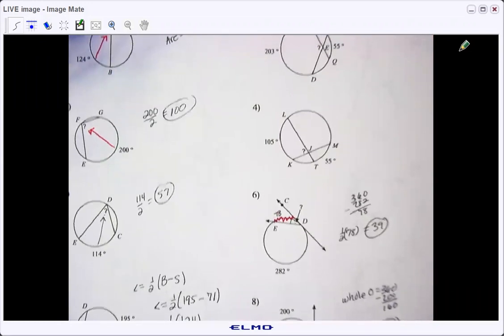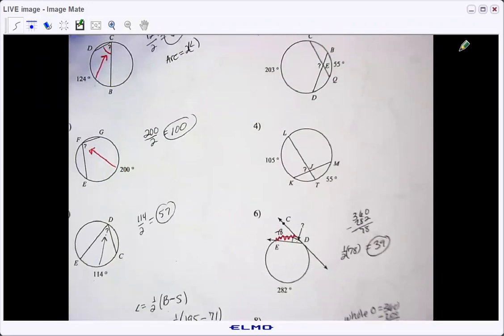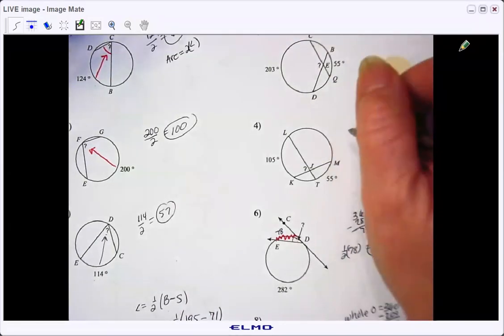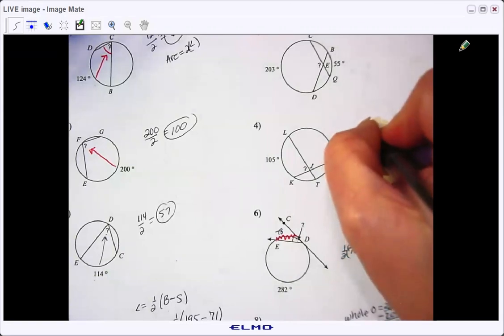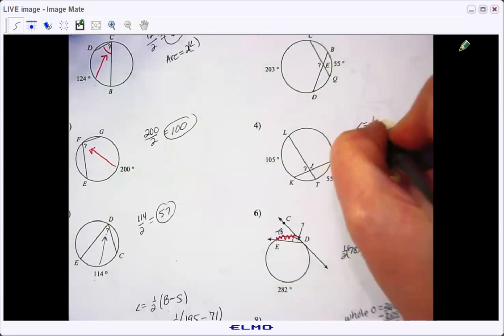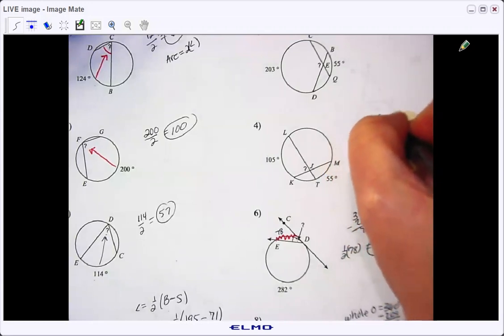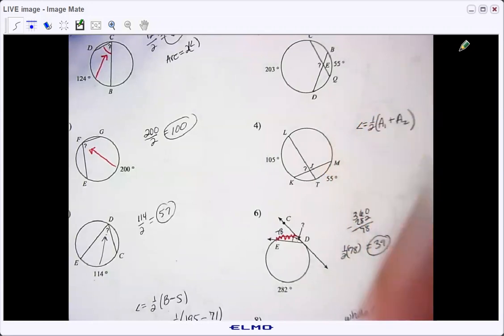Okay. Now number 4 and number 2, we have our different scenario of 2 chords. If you remember, the 2 chords is where we add the 2 arcs together and divide by 2. So this one, our angle is going to equal 1/2 of arc 1 plus arc 2.